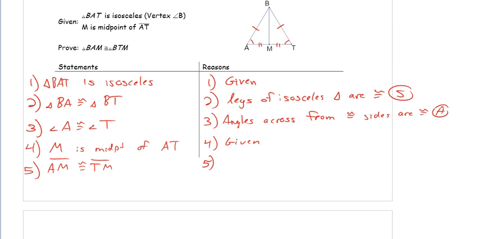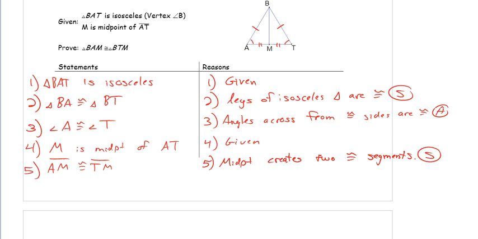This one is one that we've talked about a bunch. Midpoint creates 2 congruent segments. Just got an S. Alright.